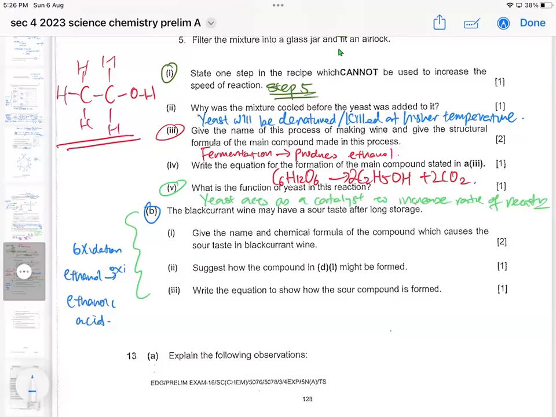Okay, next are the name and chemical formula of the compound that causes the sour taste. It will oxidize to ethanoic acid, right? So that's the name we have here. The name is ethanoic acid because it's oxidized. After a long storage, it gets oxidized by oxygen in the air.